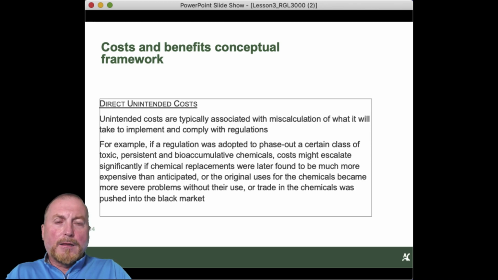Okay, so a lot of the times the indirect unintended costs may be because we anticipated easier adaptation to the regulation than was possible. We found this a lot also in protecting the ozone layer under the Montreal Protocol.